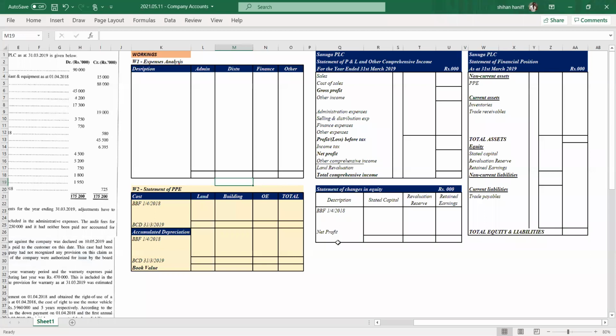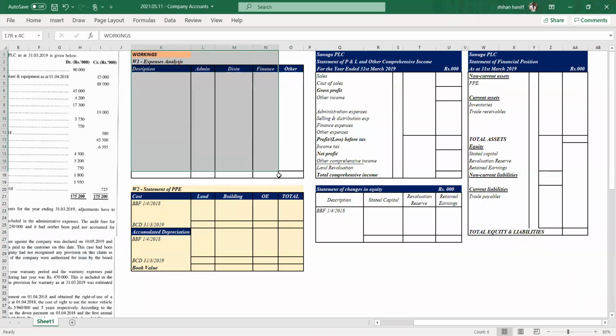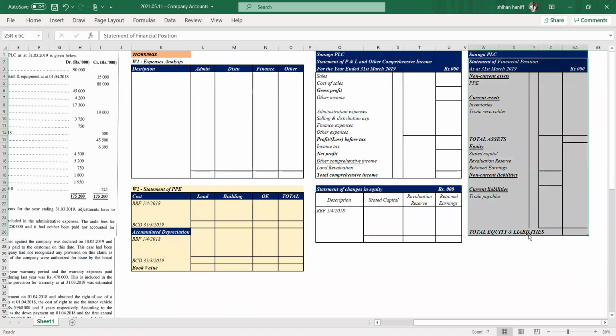Right. So here I have recorded, I have filled the format. Working for expenses analysis and statement of PPE, and the profit and loss, statement of financial position, and changes in equity.